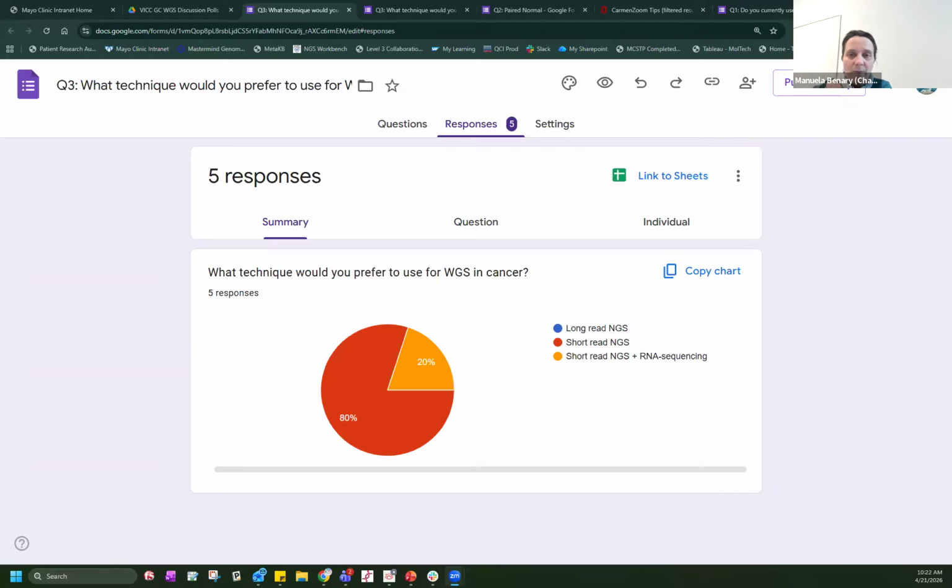So this is a time question, not only a money question. You would have to get really sufficient coverage for small variants. This is just not feasible, in my opinion, as of now, especially if you then again want to have a normal as a comparison. So it's really difficult to use long read sequencing.